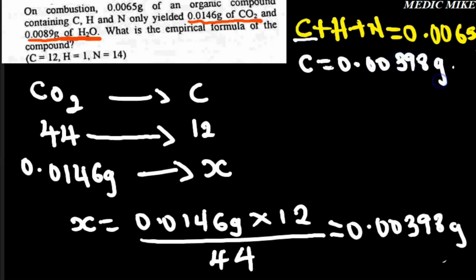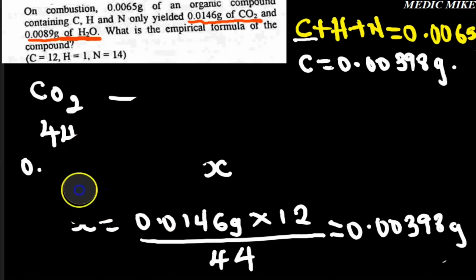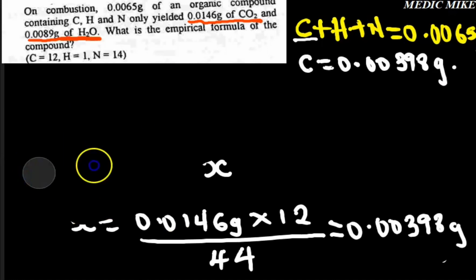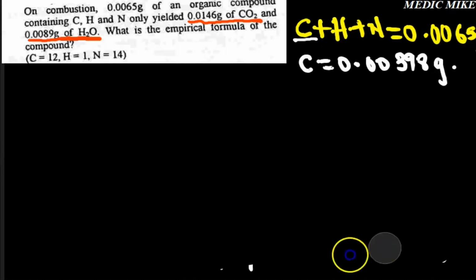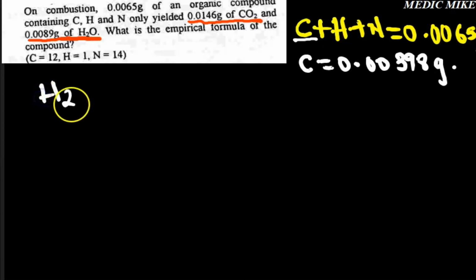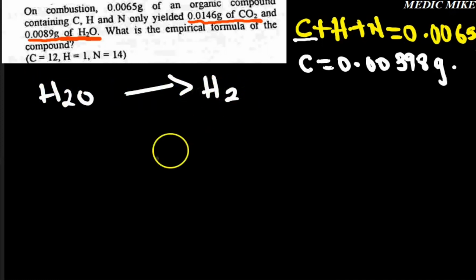0.00398 gram. Now up next, we'll be looking for the mass of hydrogen through water by the same means in which we got the mass of carbon. The same simple comparison, we will use that method to get our mass of hydrogen. So we'll be comparing water, H2O, to hydrogen gas, H2.